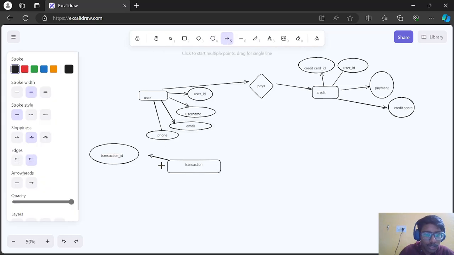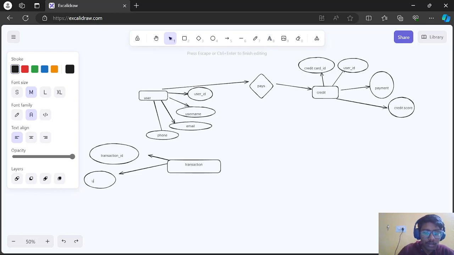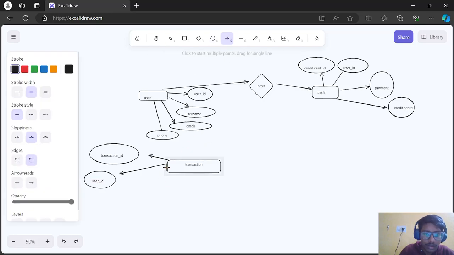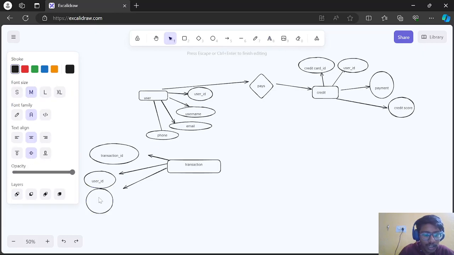And the next one would be the most commonly used attribute, that is nothing but the user ID. And the next attribute is nothing but the amount of the transaction that's being done at that particular time.